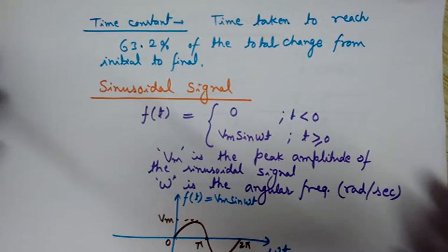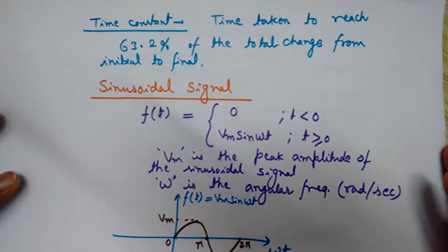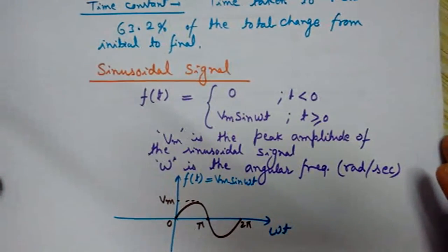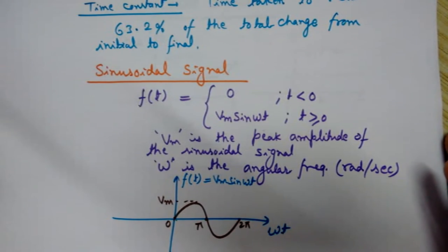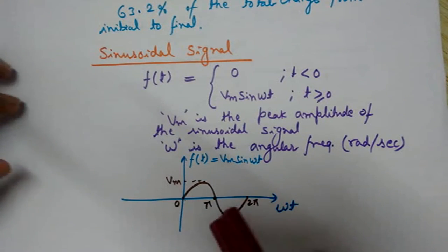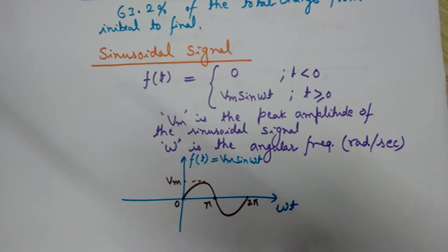Here Vm is the peak amplitude, or the maximum value of the sinusoidal signal, and omega is the angular frequency, and its units are radians per second. Here is the graph of this sinusoidal signal. You can see it.